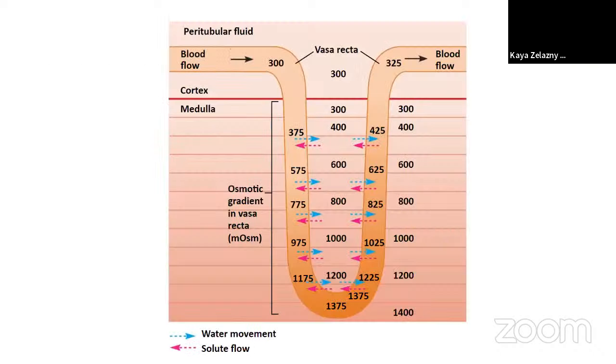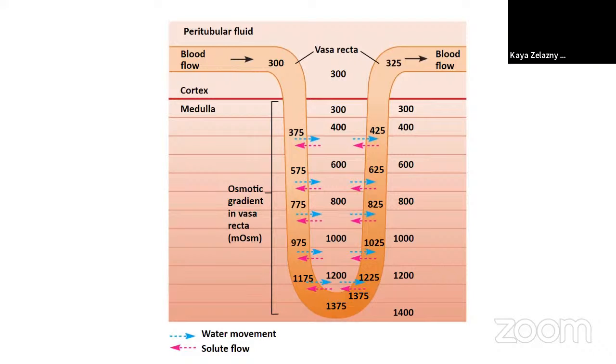So just a recap, last time we talked about the establishment of the medullary osmotic gradient. We looked at the role of our sodium potassium pump in the proximal tubule.